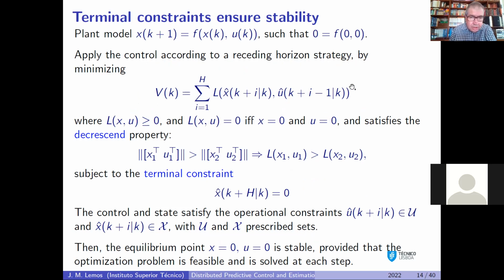We have our costs, and if I want to prove stability, I want to compute V of k plus 1, subtract it from V of k, and show that this is smaller or equal to 0. Or in another way, I want to prove that V of k plus 1 is bigger or equal than V of k. In that case, I can take the cost as a Lyapunov function, which is quite natural.